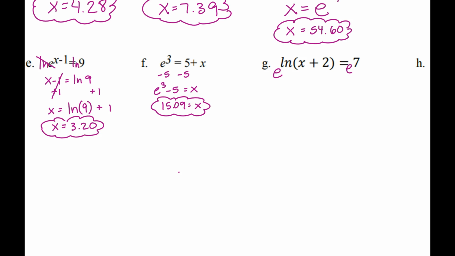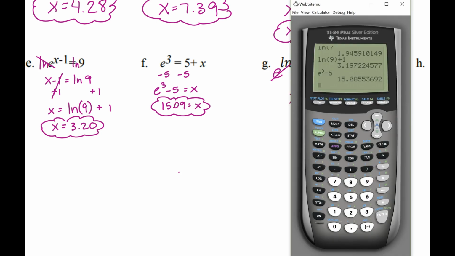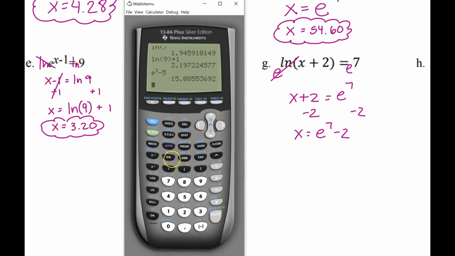But the e and the ln cancel. So you're left with, on this side, the x plus 2 equal to e raised to 7. So you just subtract 2. So x is equal to e to the 7th power minus 2, which in our calculator, e to the 7th power minus 2 gives us 1094.63.